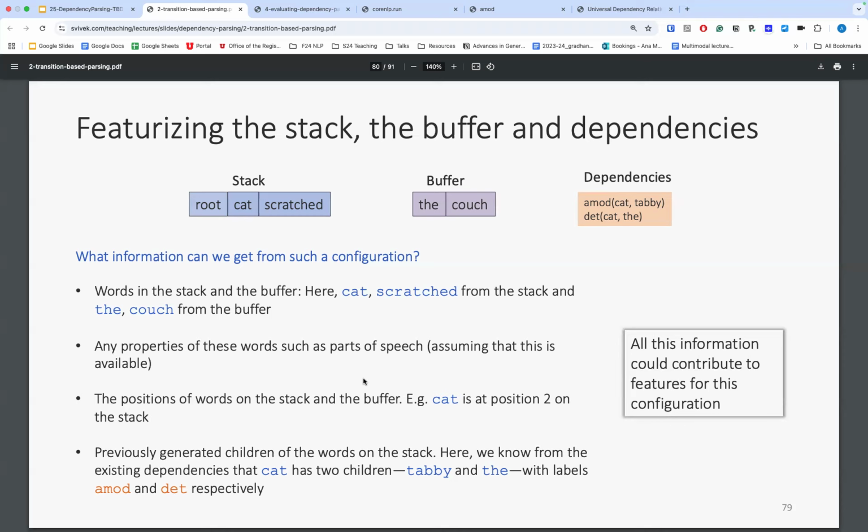Instead of giving an explicit part of speech tag, we assume that the word embedding of the word cat is somehow implicitly capturing information that this is a noun. And when we have a vector of the determiner, we assume that somehow information about this being a determiner is captured in this vector.